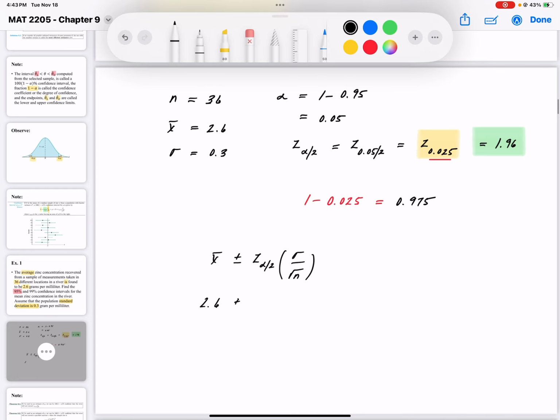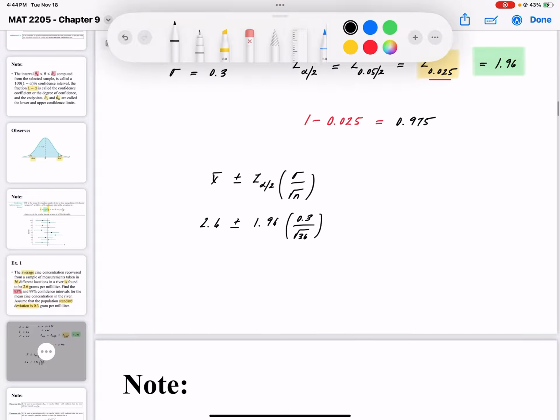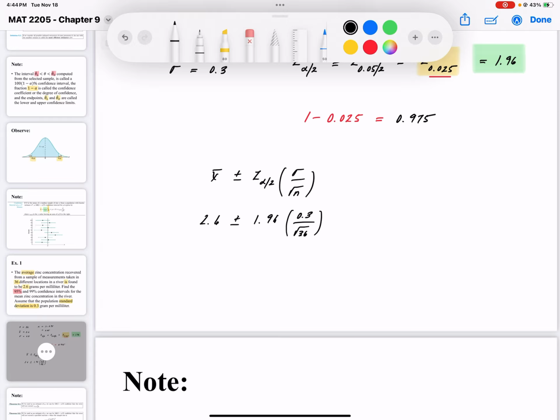Our z sub alpha divided by 2 value, 1.96. Our sigma, 0.3. Our n, 36. All right, let's plug this in and get our interval. It's just as simple as that.